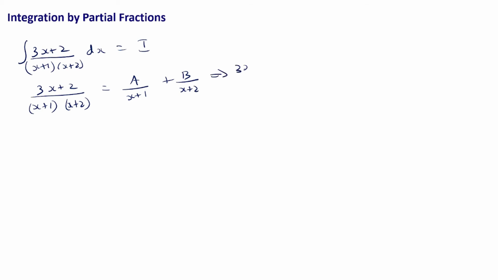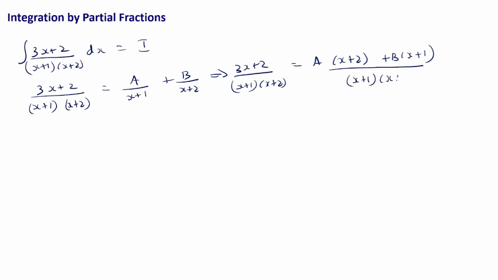From this, we get this equal to A into (x plus 2) plus B into (x plus 1) upon (x plus 1) into (x plus 2). Now these two will cancel.